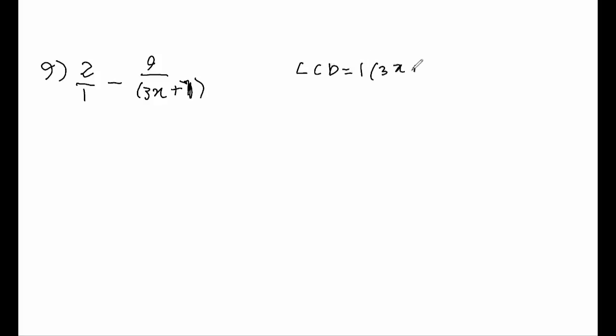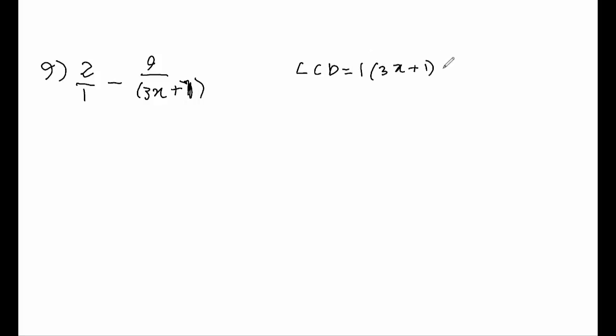So in example number 9, we have 2, which I'll write over 1 to make it much clearer and easier to understand, minus 9 over 3x plus 1. So we see that the lowest common denominator here is equal to 1 times 3x plus 1.